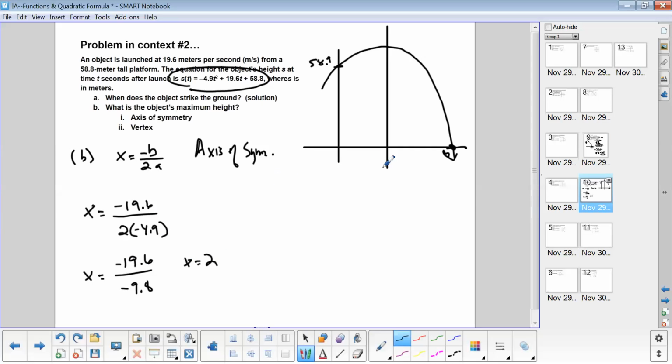So what does that mean? Well, that means on the x-axis, which is time, about 2 seconds is when this object has reached its peak.